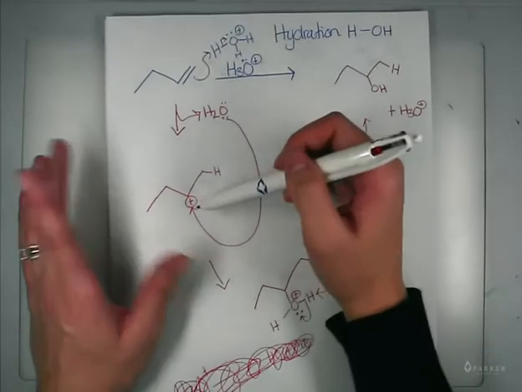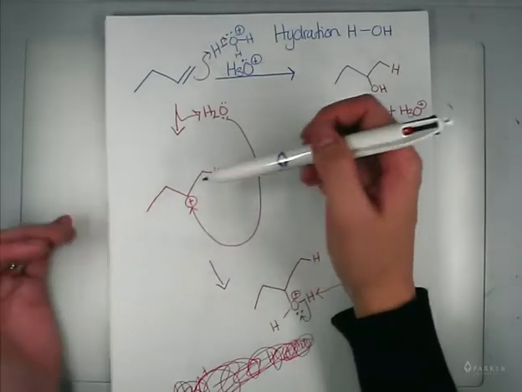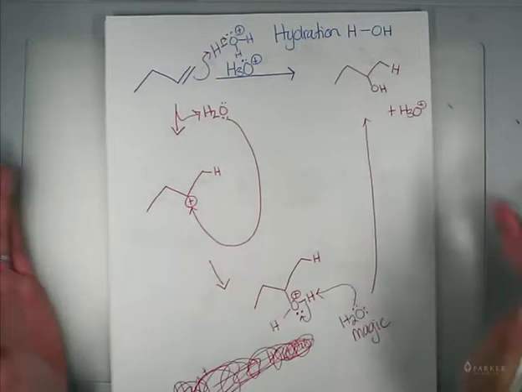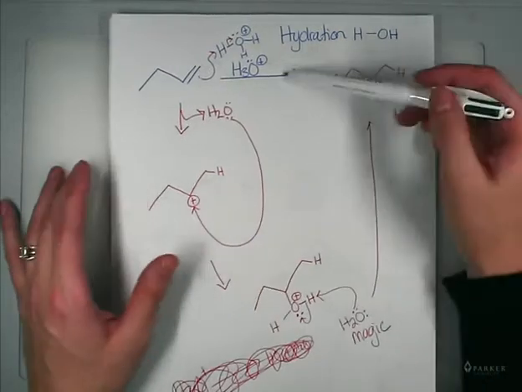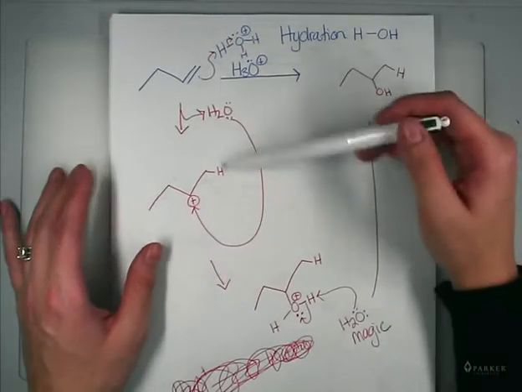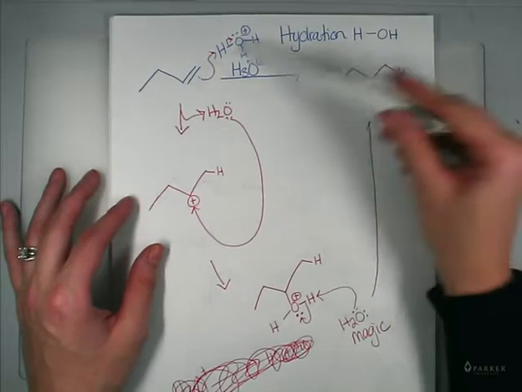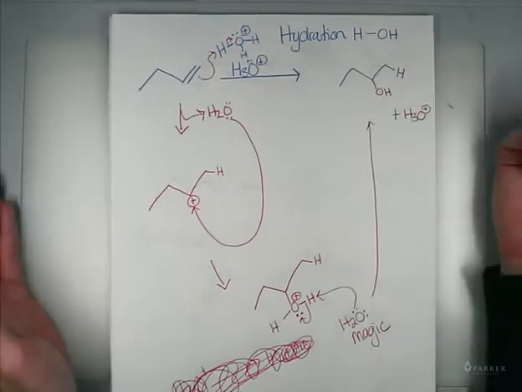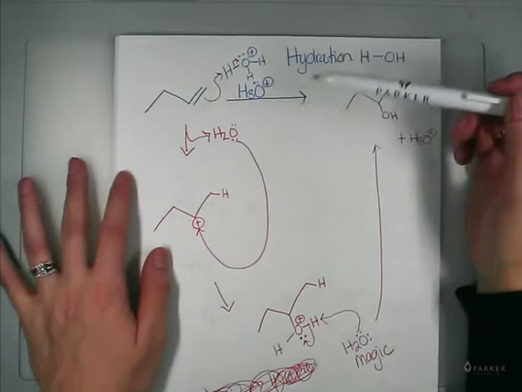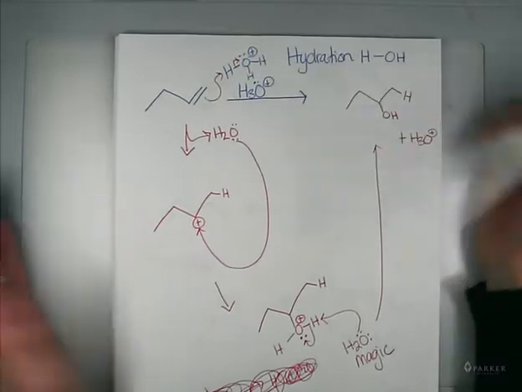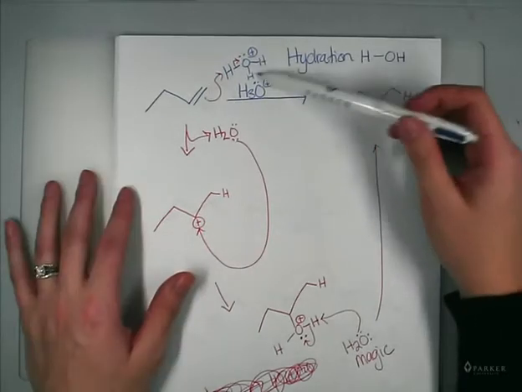So the HCl, HBr, all of those, there's no other way to do those. But with water, there's two other reactions we can use that'll have no rearrangements. Now, this one's easy to do in the lab and cheap.